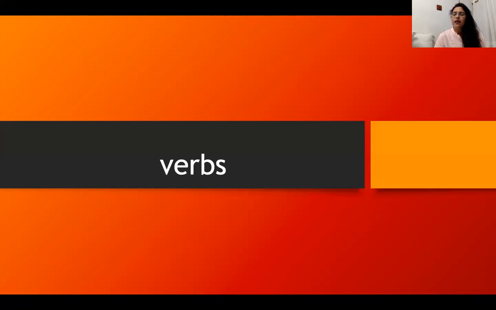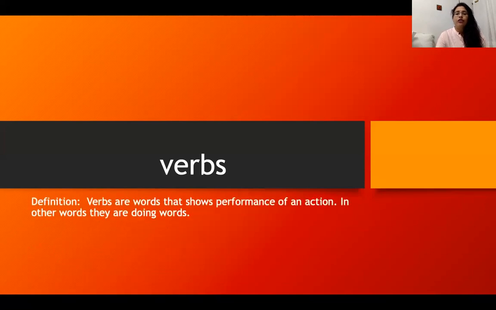Verbs basically, they are action denoting words. Verbs are words, and if we work with the definition of it, it goes as: verbs are words that show performance of an action. In other words, they are doing words. Okay. So this is the definition.